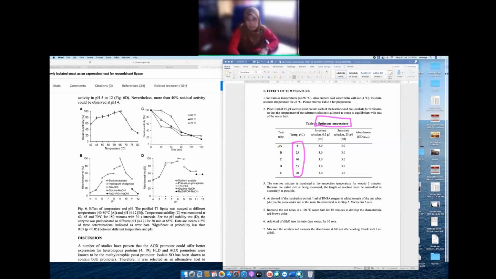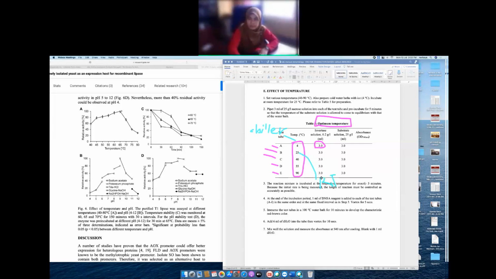So what we did, test tubes A, B, C, D, E. You put 3 ml of the enzyme in tube A and incubate it inside the chiller, at 4 degrees. For 25 degrees, normally we consider this room temperature.